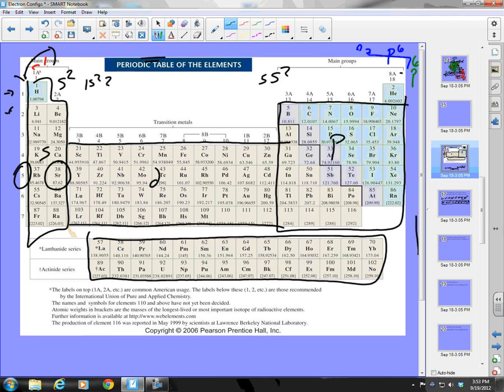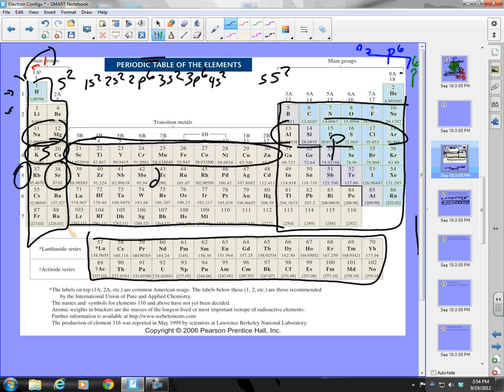Are you ready? Here's how it begins. 1s2, 2s2, 2p6, right? 3s2, here's my 3s2. Then I have to do my 3p6, and then I have to do my 4s2, and then I have to do this group, and this group is a D, and it's always one less, right? 3d10, and then I have to do this group, which would be what?